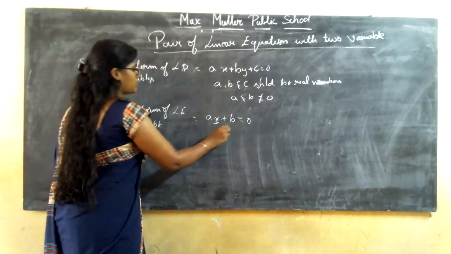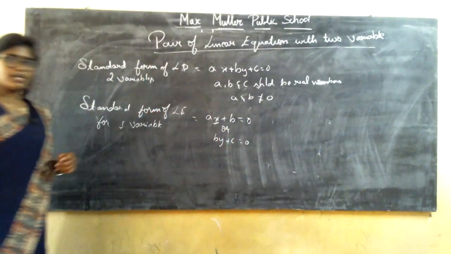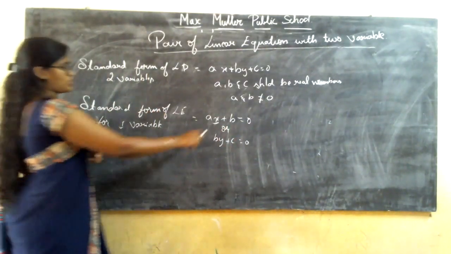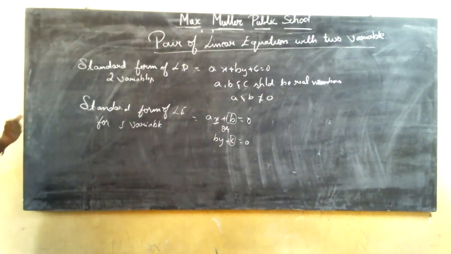It can also be written as by plus c. Clear? You should have a constant. When you have one constant and one variable term, then you can say it is the standard form of a linear equation for one variable. Clear?